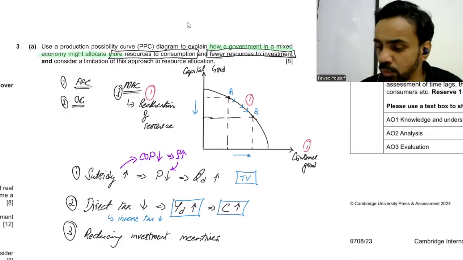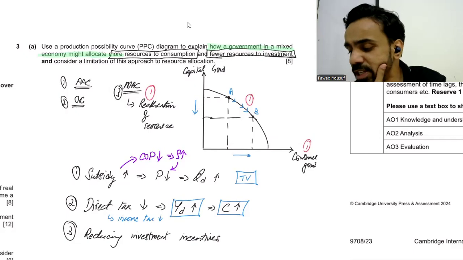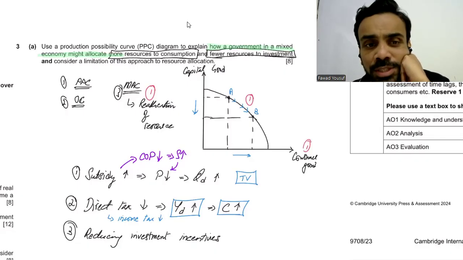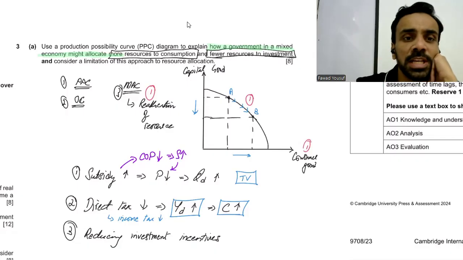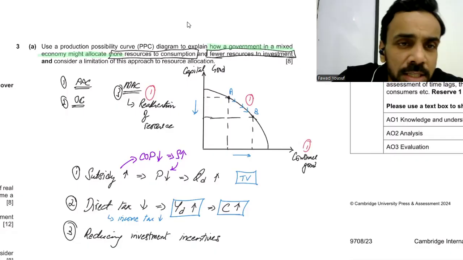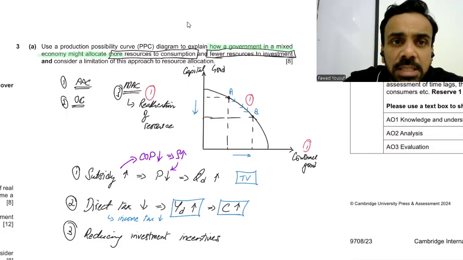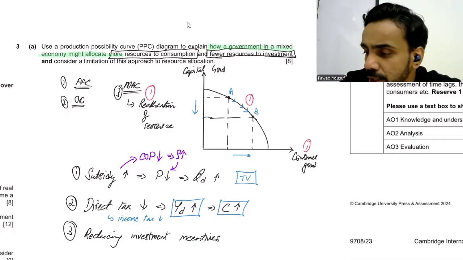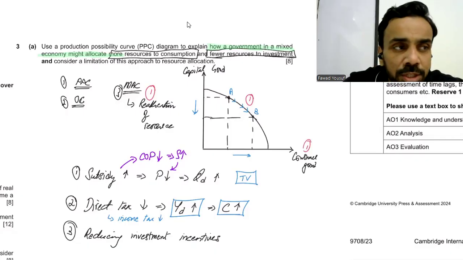So yeah, that would be our final evaluative statement, with a final conclusion that the government can influence using various policies as mentioned above in the analysis. But these policies always have limitations based on the consumers' and the producers' reaction and the timeline.